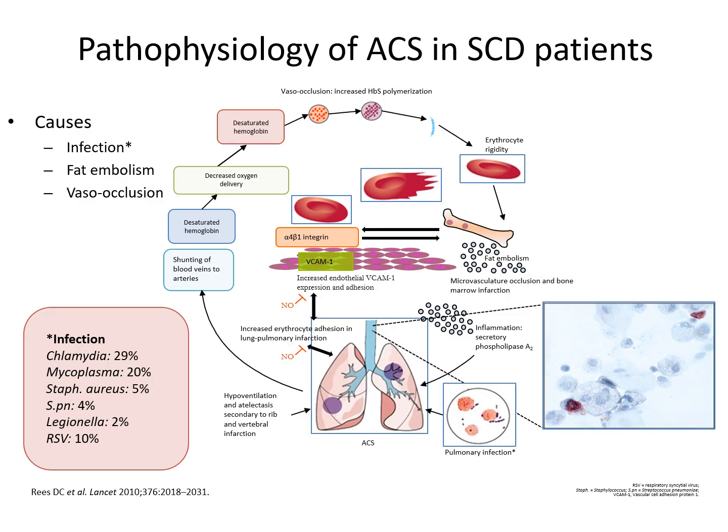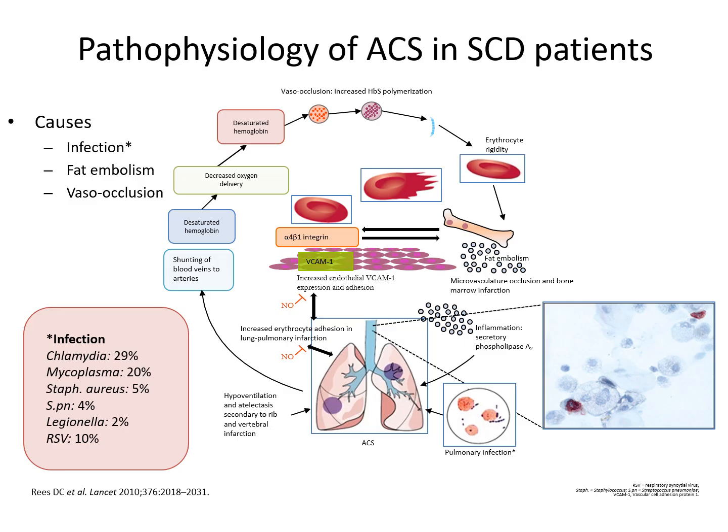If you look at this slide on the pathophysiology of acute chest syndrome, the causes can be infection, fat embolism from bones that become vaso-occluded, and vaso-occlusion in the lung itself. Now, the infections can be due to multiple organisms, chlamydia, mycoplasma, legionella. The fat emboli shown in blue on the right, these are the fat-laden macrophages that can go to the lung.